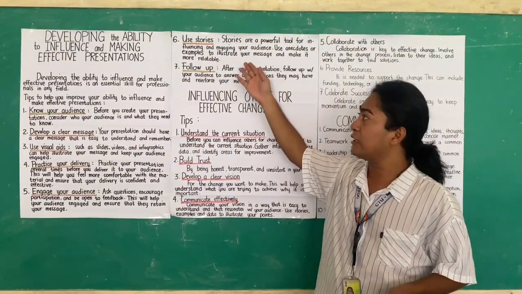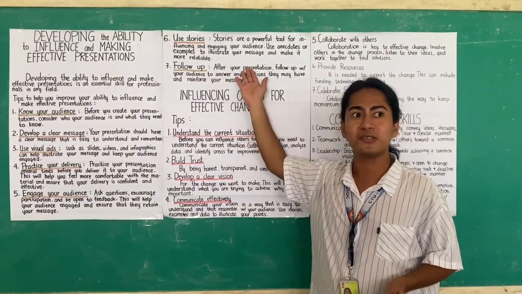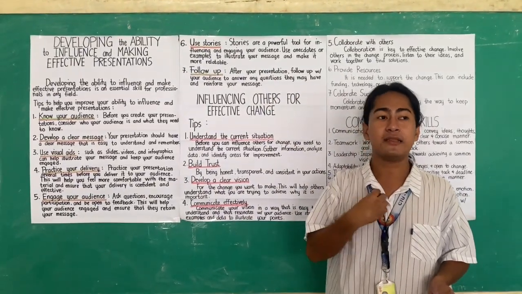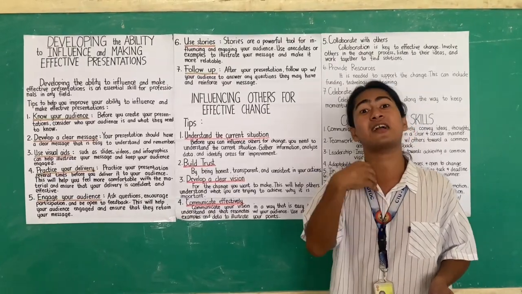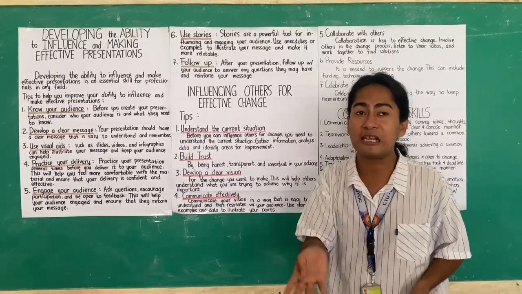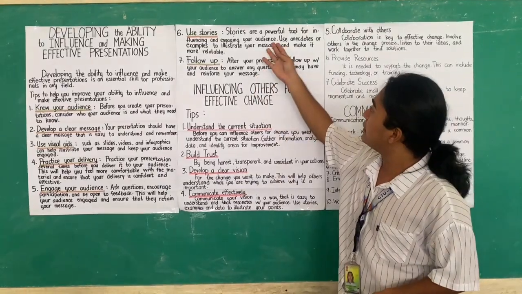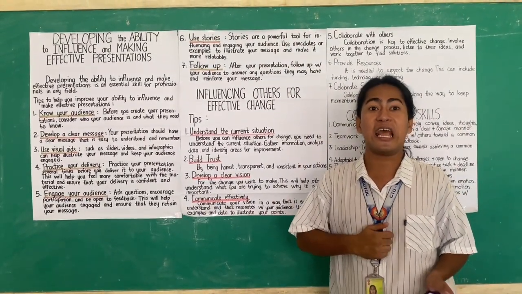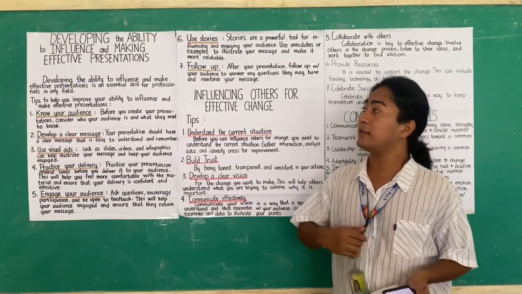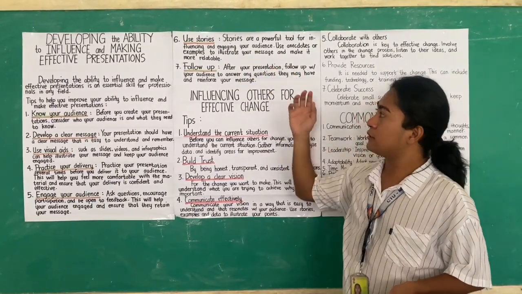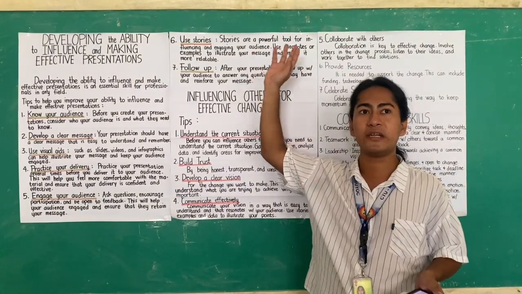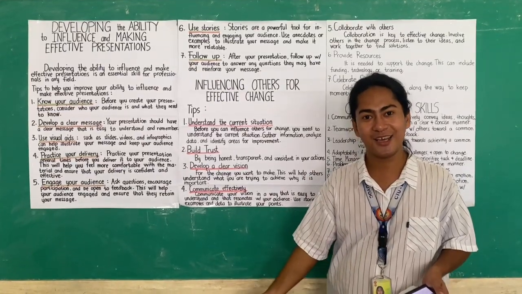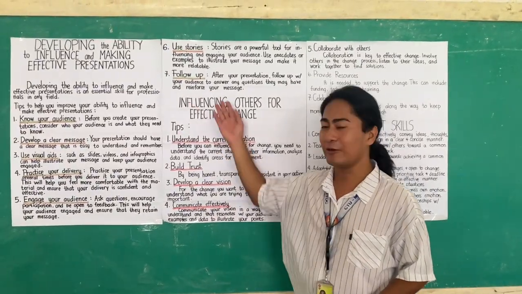In this part, use a story to make your example clearer, and then they can easily catch up with your presentation or your example, and the audience can also be influenced by your examples.